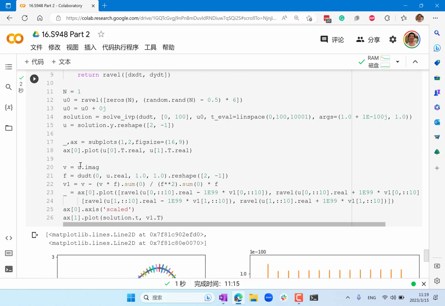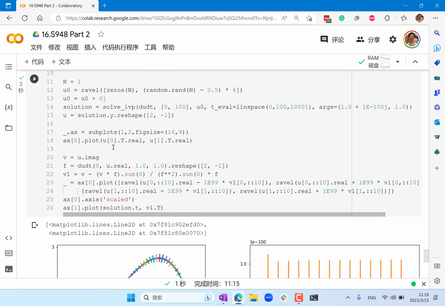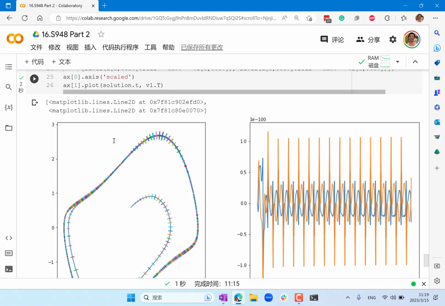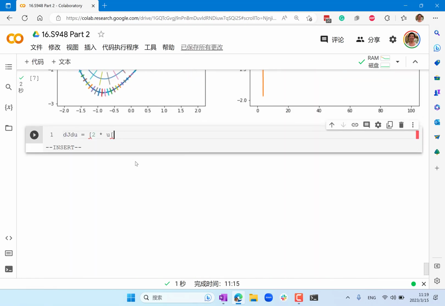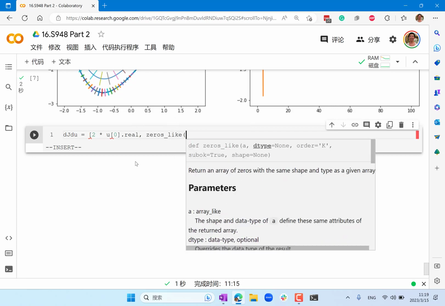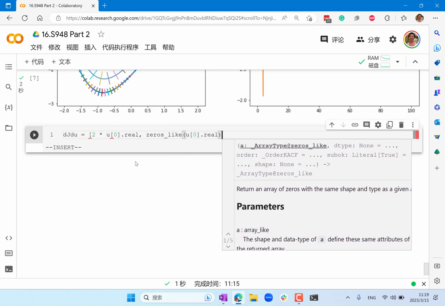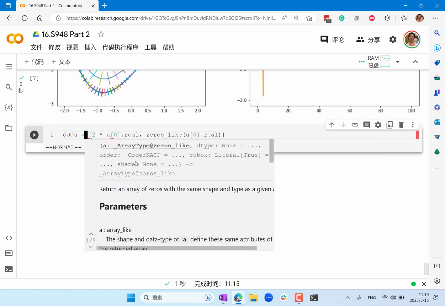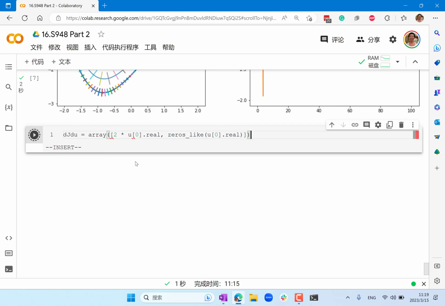My solution u is actually the real part of my u0, so u0 dot real. So that is the derivative of my objective function with respect to u. Let me just make it u1 so that it is clearer.